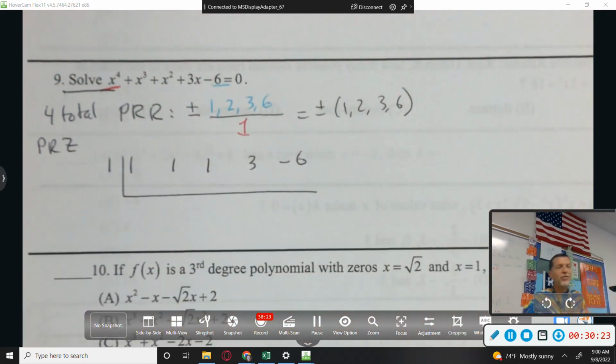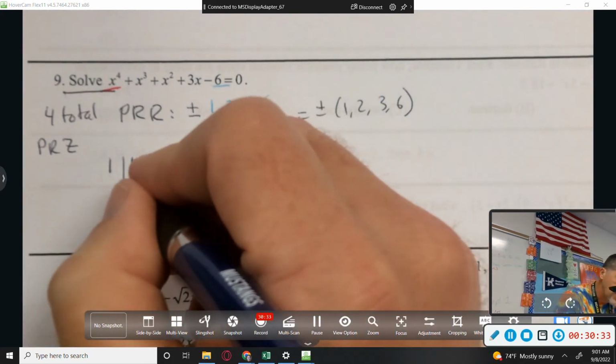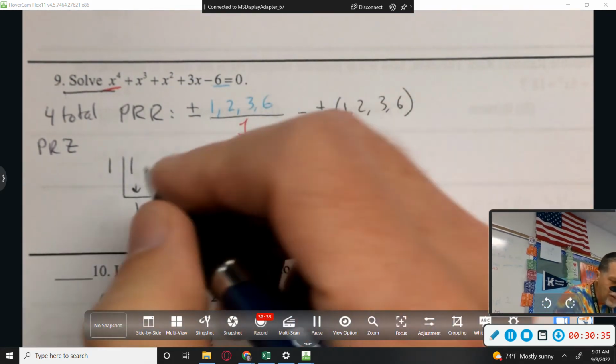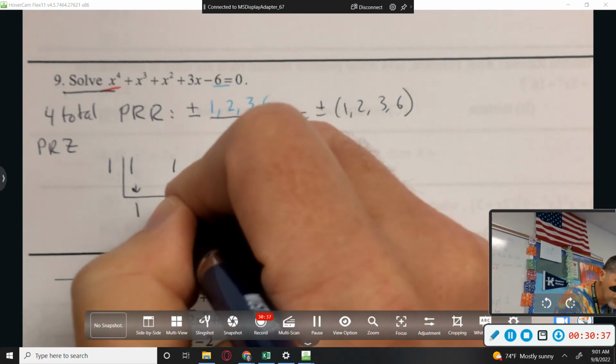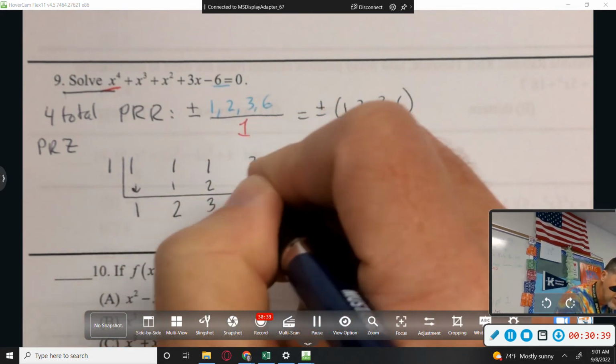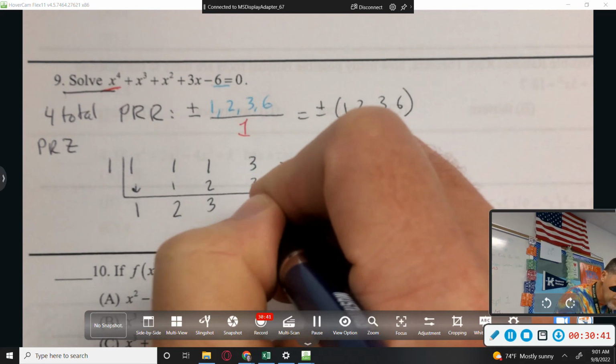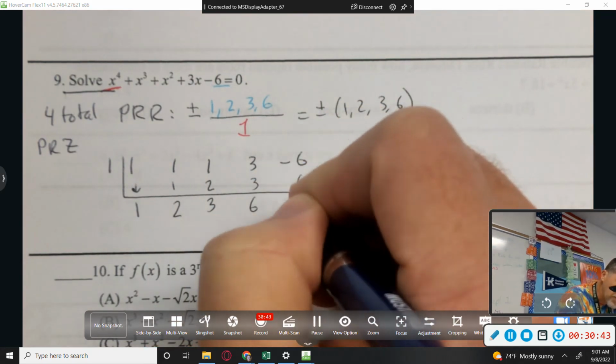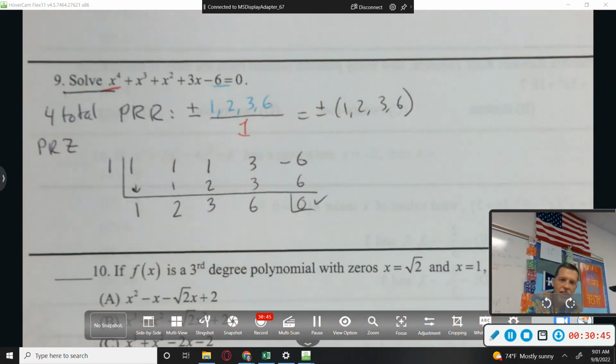Generally speaking, you should start your guesses low, because usually it's not plus and minus 6, it's usually the low ones. So start with the low ones. I can't guarantee that always works, but start with the low ones. Ooh, sometimes life is very good.